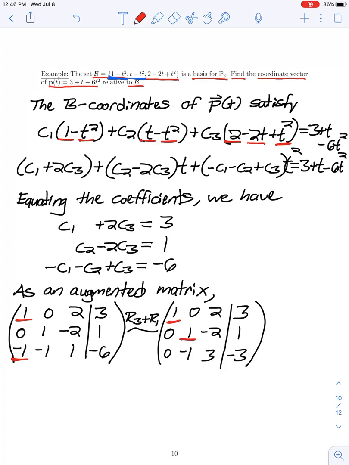In my second row, I have a leading 1, which I can use to eliminate the negative 1 below it by taking row 3 plus row 2. Maybe a little too tight here. Let me use a new line.